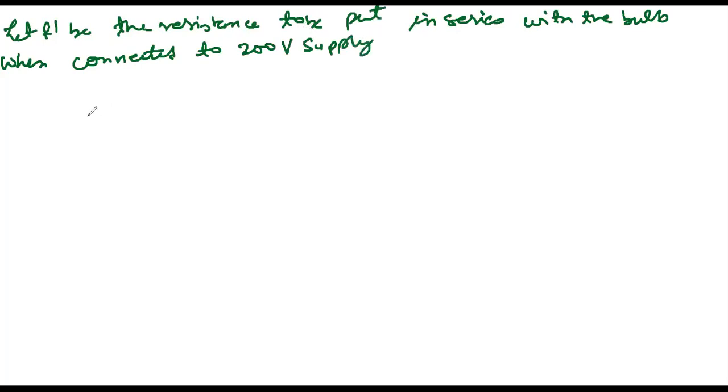So what is the formula? I is equal to V upon R plus R dash.